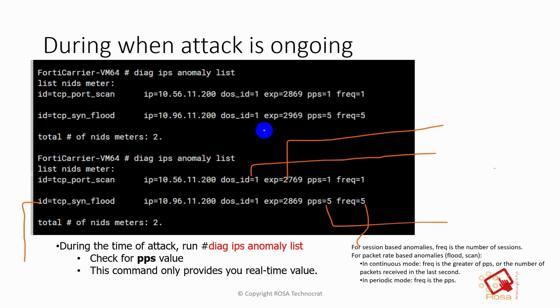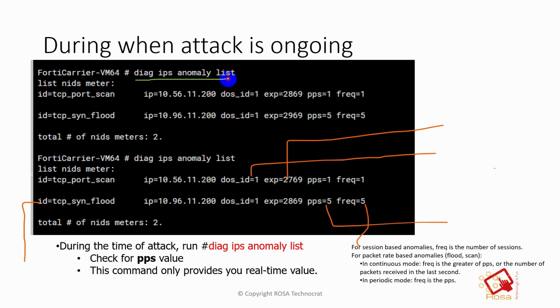Now, let's say you have configured the DOS policy and it's running, and some traffic arrived on your firewall which crossed the threshold value. How can you check from the CLI what the PPS was, or why it was blocked?